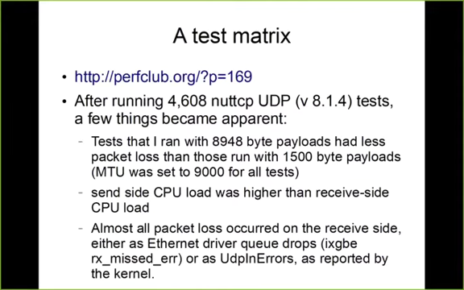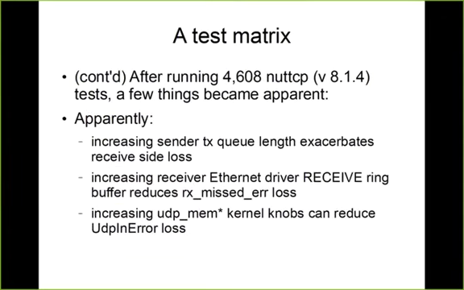Send side CPU was higher than receive side CPU, which I thought was kind of interesting, but almost all packet loss occurred on the receive side, either as an Ethernet driver Q drop or as a UDP in error, which is reported by the Linux kernel. Also, increasing sender TXQ length exacerbates receive side loss. So you push harder by increasing the TXQ length, and you lose more packets on the receive side.